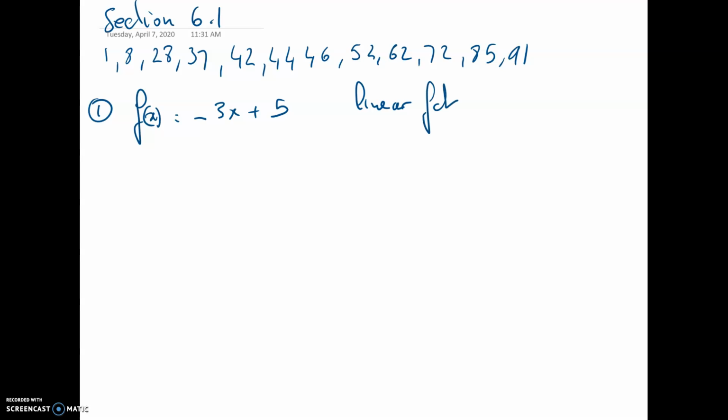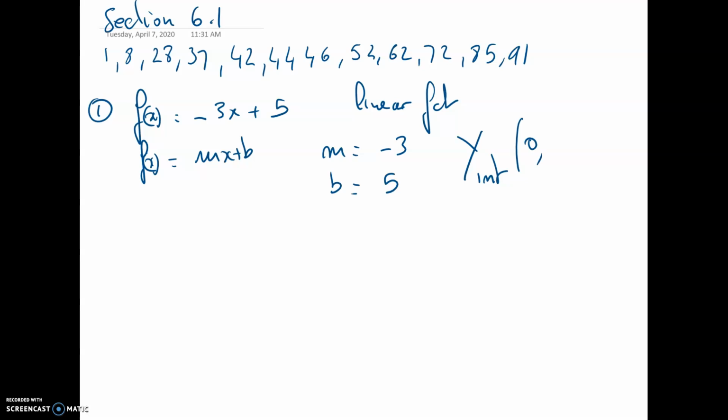Because we have a function looking like f of x equal mx plus b, with the slope m equal -3 and b equal 5. When you have the slope, you can also define the y-intercept, which is the point of intersection between your y-axis and your line, and it is when x equals 0, what is the value of f of 0, and the value of f of 0 is going to be equal to 5.